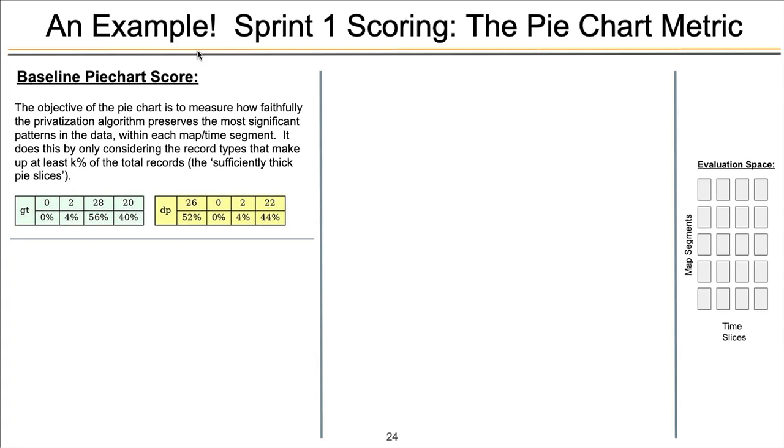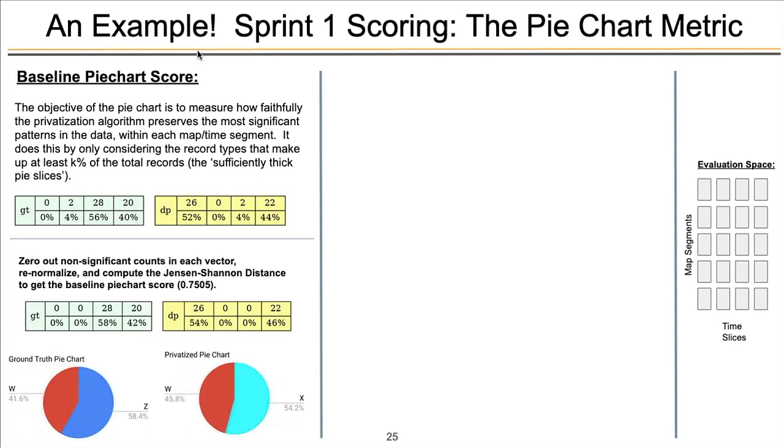It operates only in one neighborhood at one point in time. And then once it's scored that neighborhood in that point in time, it scores all the remainder neighborhoods and points in time, and then averages across the whole space to get a final score. So this is very simple, and we expect you guys to be able to improve on it. And I hope as I'm explaining it, you're thinking of potential flaws. Next slide.